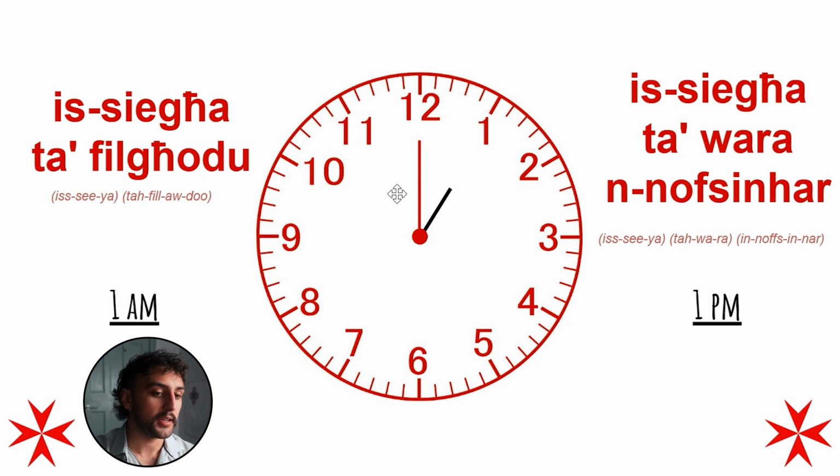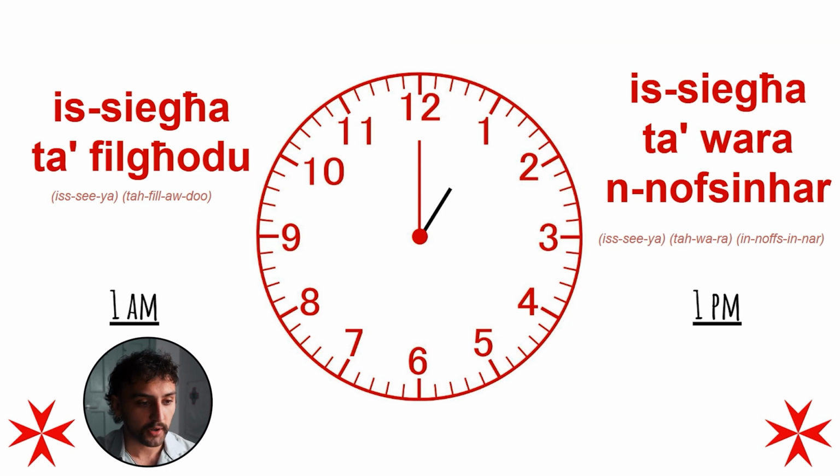By that, I mean, see how when we say 1 o'clock in English, we actually say the number 1, don't we? Well, in Maltese, we don't say the number 1, and we don't say the number 2 either when we are talking about 2 o'clock. But as I said, these are the only 3 exceptions, and times between 3 o'clock to 11 o'clock are told normally, and told normally just by using the numbers. You'll understand more as I go through them, so don't worry.